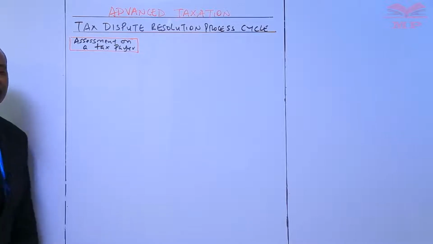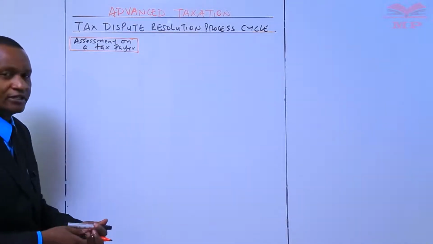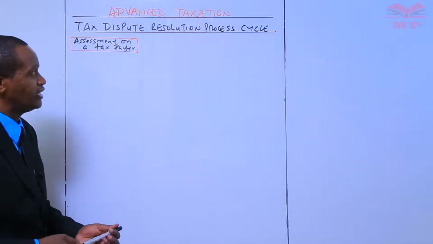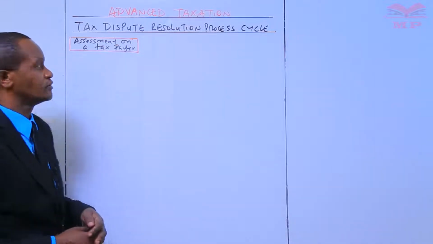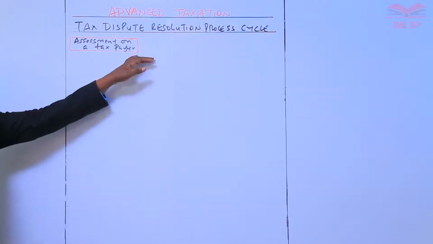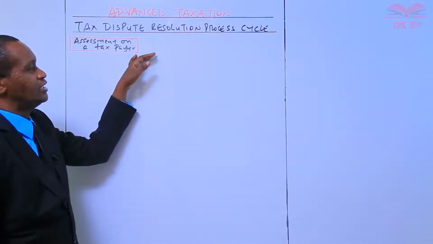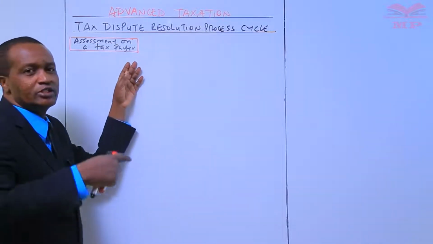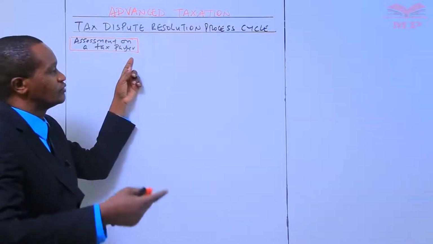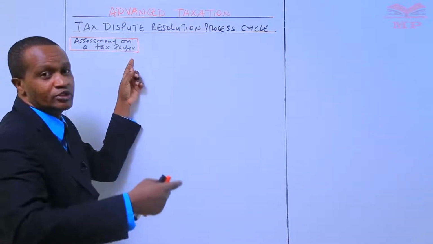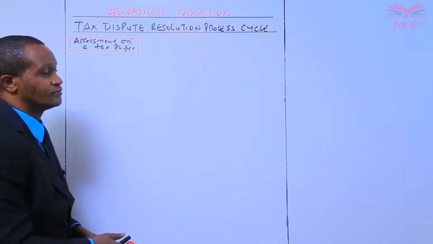When the tax administrator makes an assessment on a taxpayer, the taxpayer may dispute the assessment, and the taxpayer is expected to submit a notice of objection to the tax administrator within a period of 30 days.